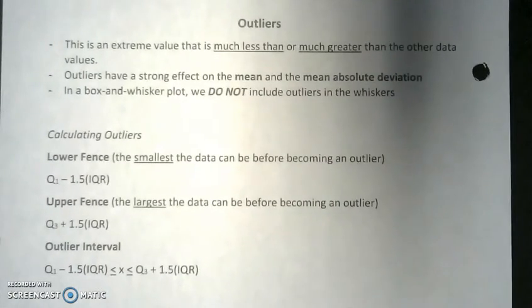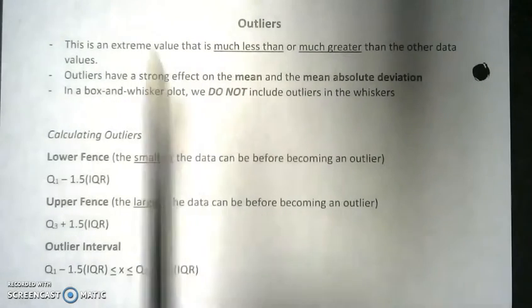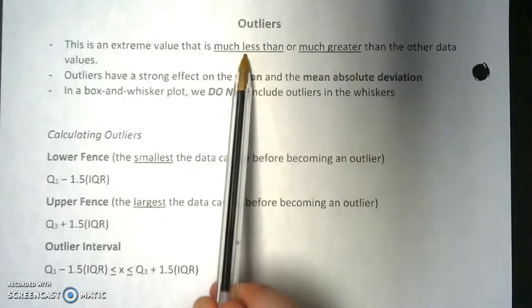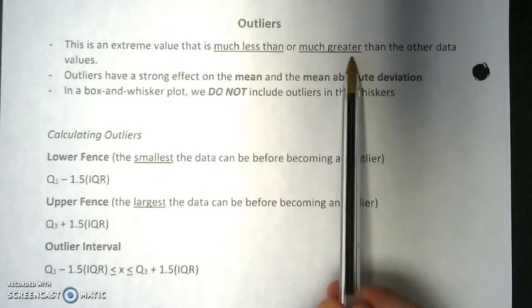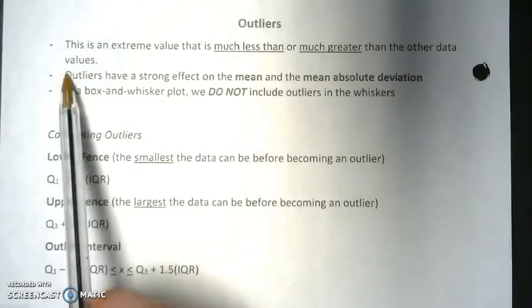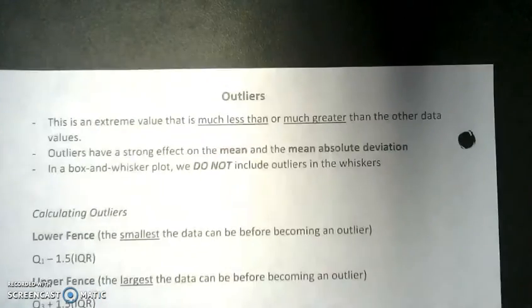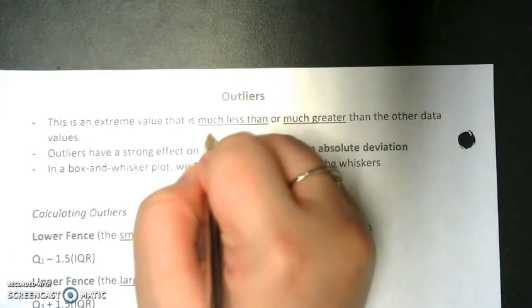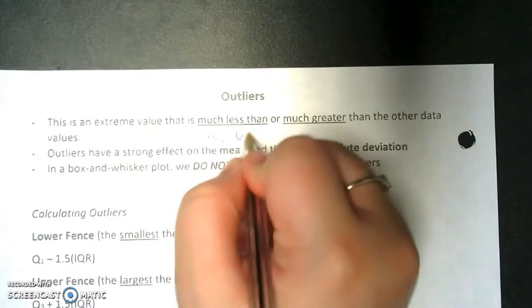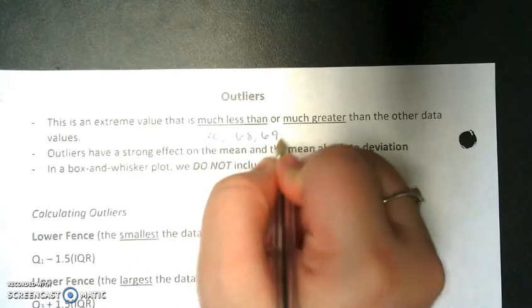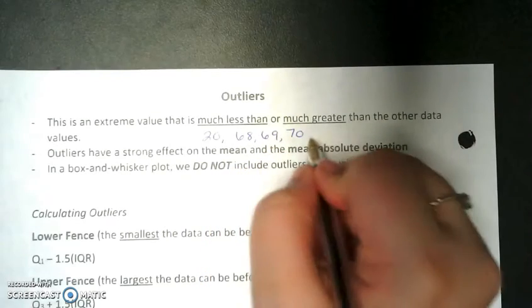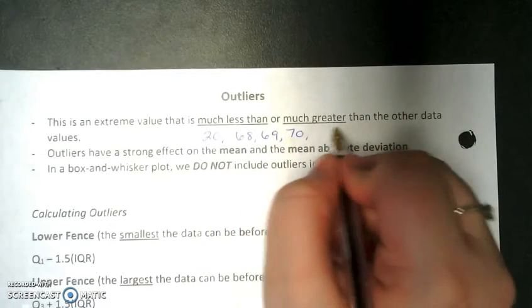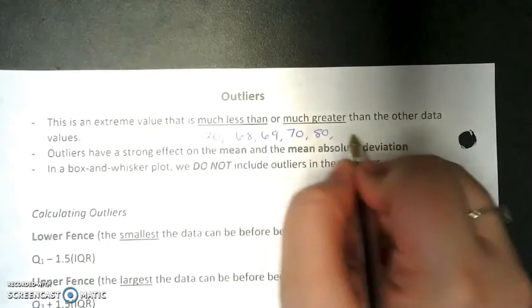Okay, moving on to outliers. So this is an extreme value that is much less or much greater than the other data values. So for an example, if we have a data set that is 20, 68, 69, 70, 80, and 200.